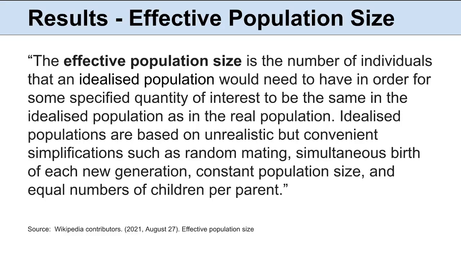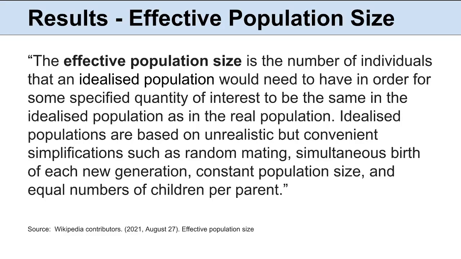Unfortunately, idealized populations are based on unrealistic but convenient simplifications like random mating, simultaneous birth of each new generation, constant population size, and equal number of children per parent. We've already addressed this in previous slides, where we know we haven't had a constant population size, and that's been varying quite a bit over the last 40 years.